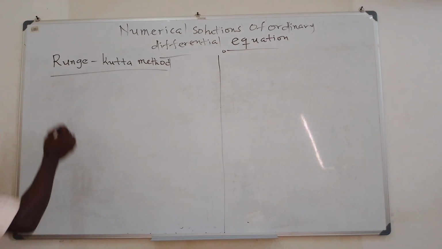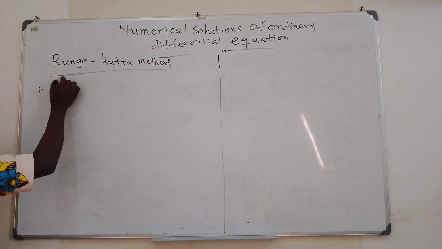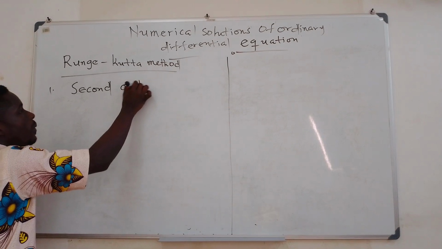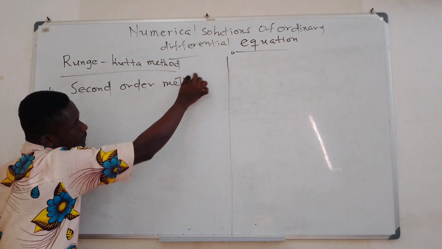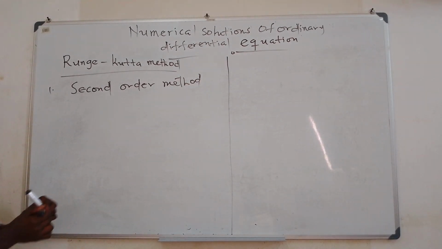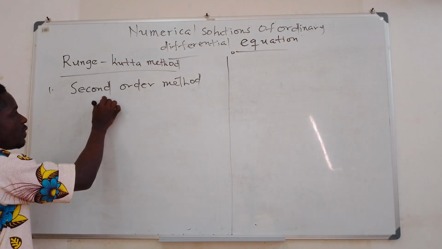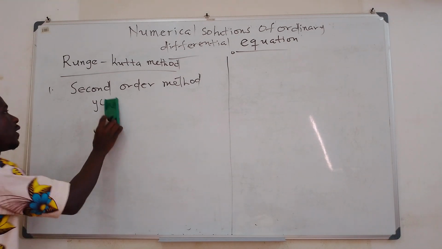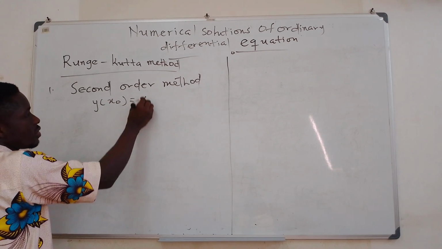We start with the second order method. With the second order method, you'll be given the initial value, that is y of x naught equals y naught.